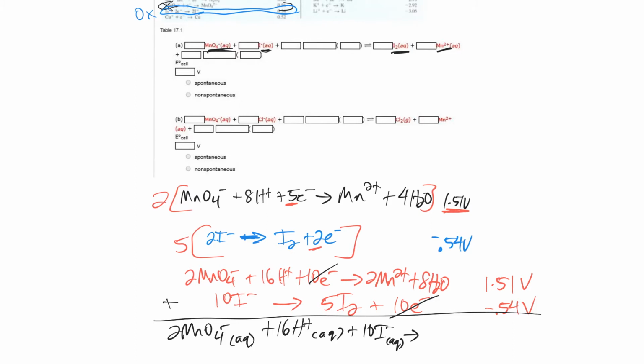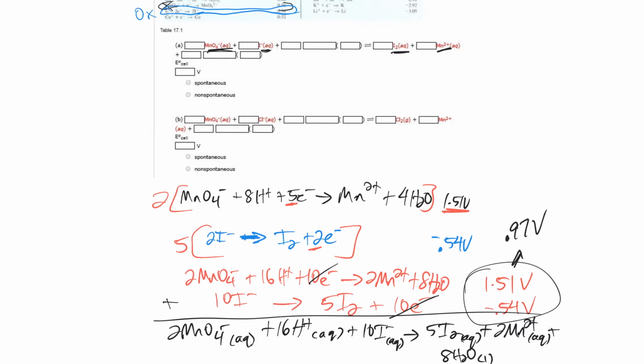And then on the right side of the equation, we've got 5 iodine molecules, 2 manganese 2+ ions, and 8 waters. Now water's a liquid, so put a liquid for state of matter. And then to get the overall voltage, I'm going to add together a 1.51 plus a negative 0.54. That's a positive 0.97.